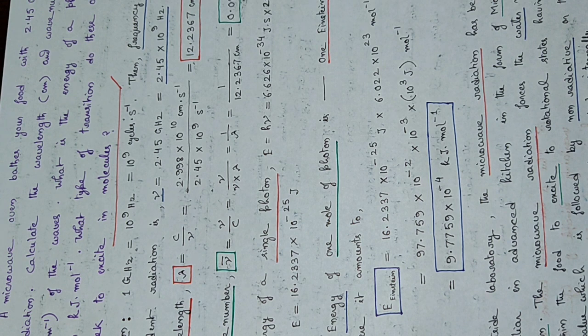But unfortunately, the heating effect on human being, on human body, is also similar to that of food. So as food gets cooked, it can also cook your hand or human body.